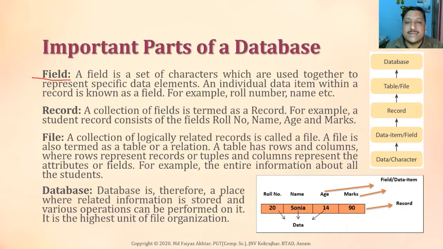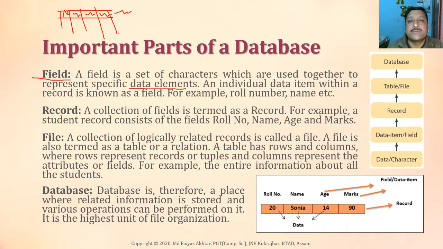A field is a set of characters which are used together to represent specific data elements. Suppose in a table we can keep tabular information. For example, we can store some product information, and each product has a product number, a name, its price cost, and then some discount may be there, or how much stock is available in the organization.